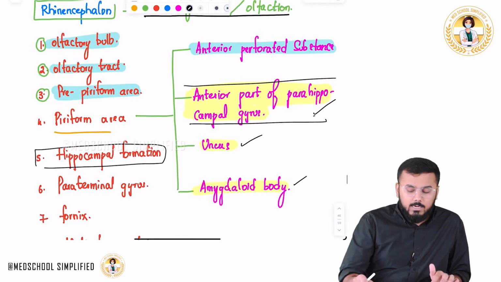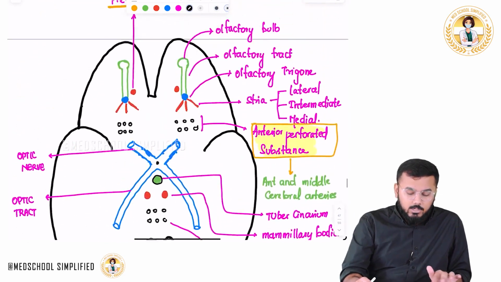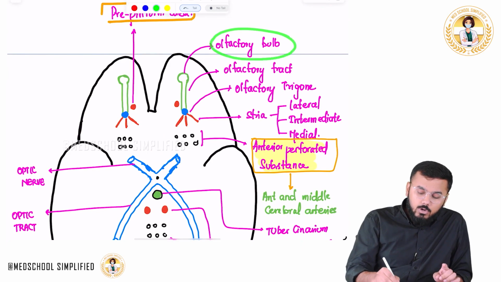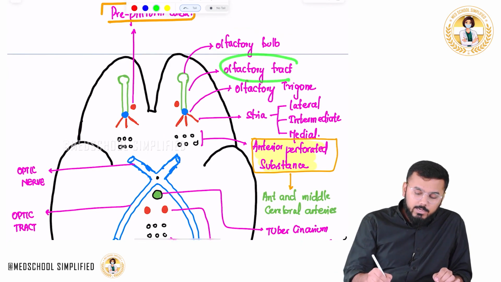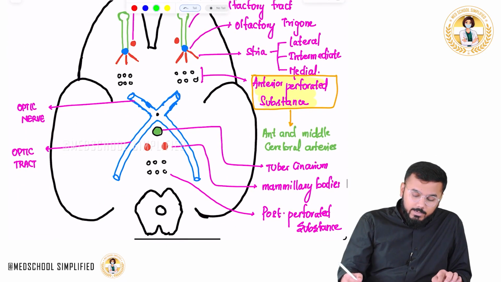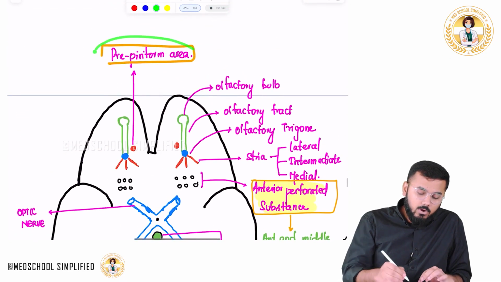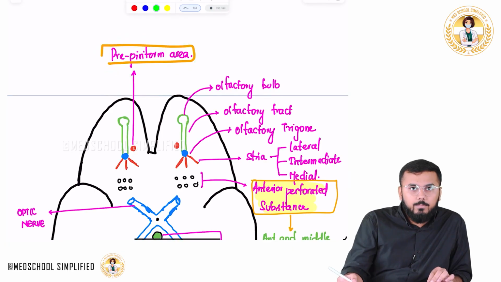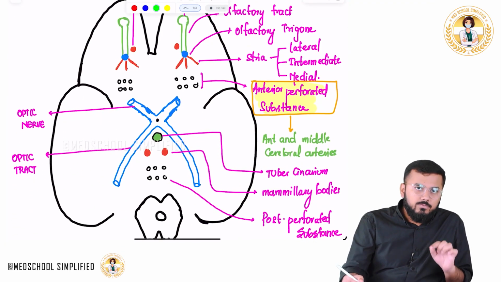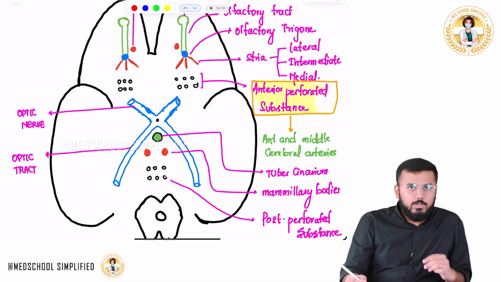So what are the structures which we have discussed, guys? The first important structure we discussed today is your olfactory bulb, right? Next you have got the olfactory tract. After the olfactory bulb and olfactory tract, we discussed the pre-piriform area. After that, we discussed the piriform area. Within this piriform area, there are four important structures.